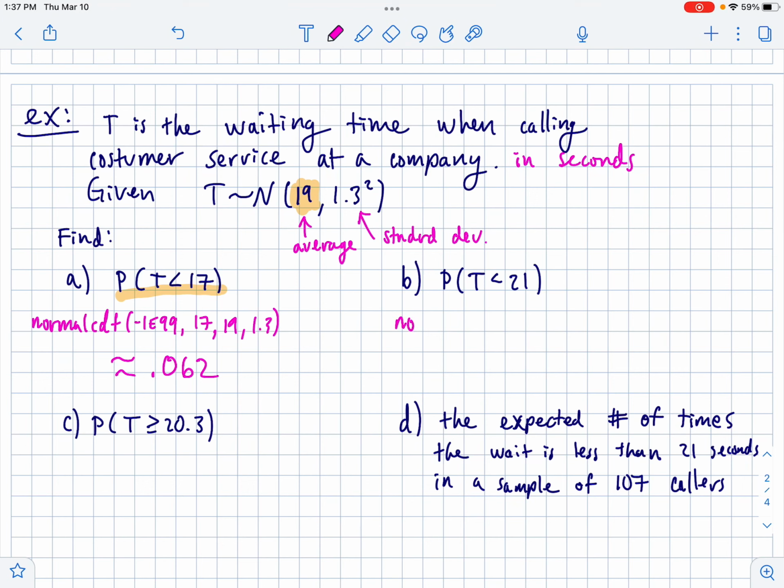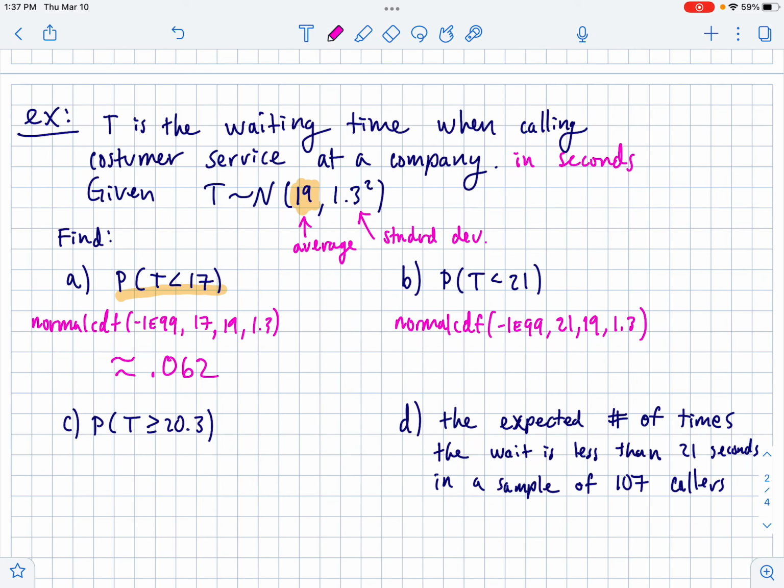Now, the probability that the wait time is less than 21 is still going to be a normalcdf problem. So all the way up to 21 on that one. And then the mean is 19, and the standard deviation is 1.3.